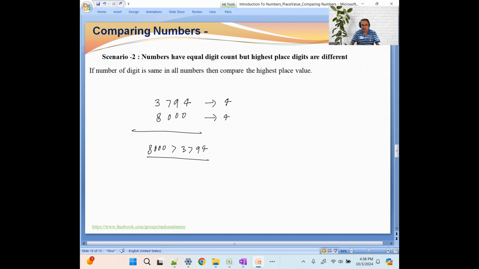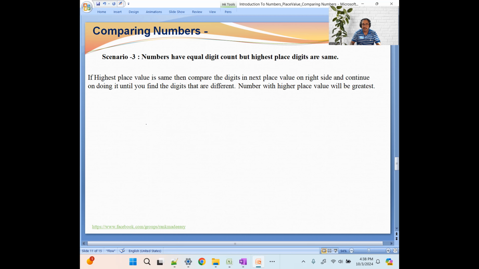How will you spell the first number? 3794. How will you spell the second number? 8000. In this case we have 000, so the second number is 8000. Because it has 8000 and the first one has only 3000, the second number is bigger than the first number. Hope you understand this scenario also.